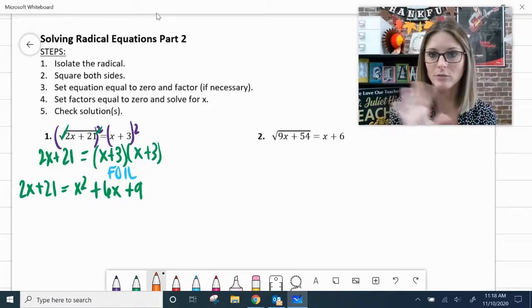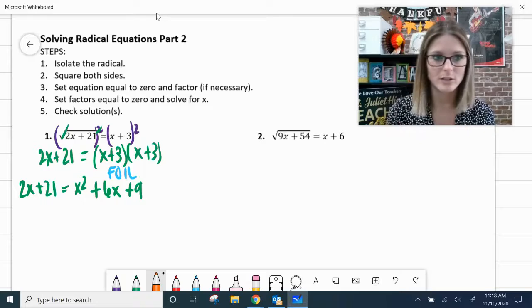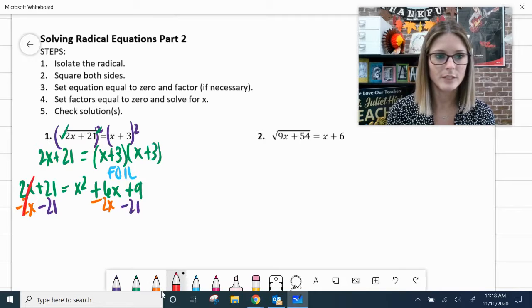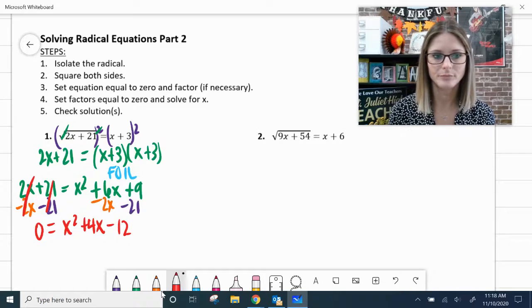So since x squared is on the right side, move everybody else over. So we are going to subtract 2x from both sides and subtract 21 from both sides. These will cancel and we'll have 0 on the left equals x squared plus 4x minus 12.